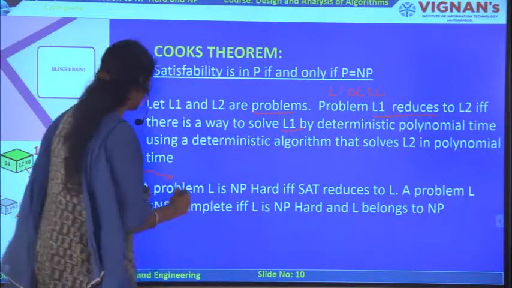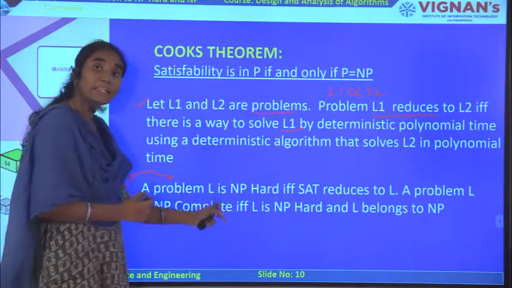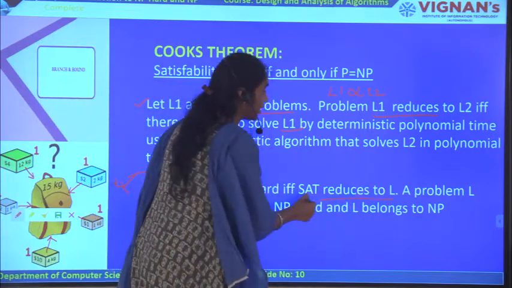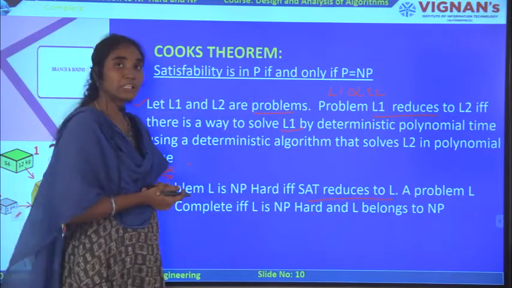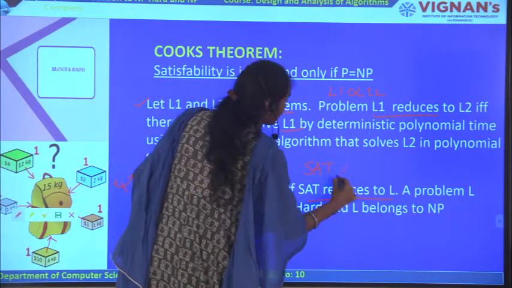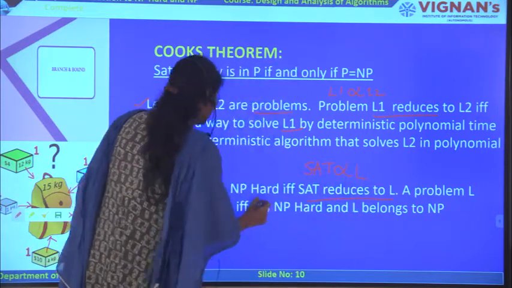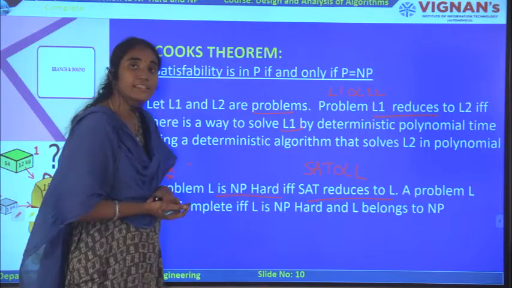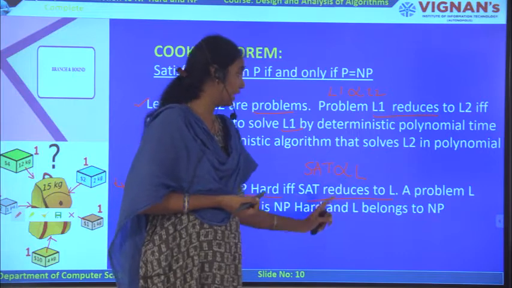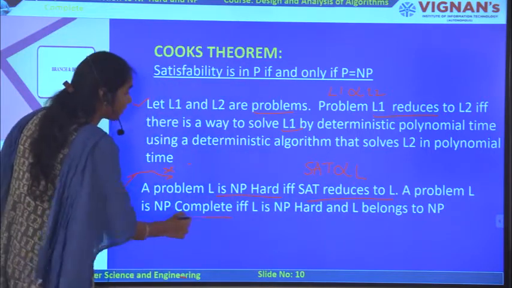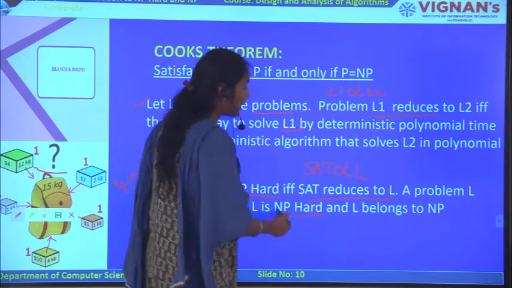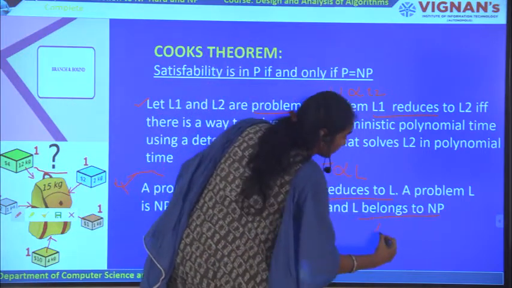Please remember. Now the next one: a problem L is NP hard if and only if SAT reduces to L, that is, satisfiability reduces to L. A problem L is NP complete if and only if L is NP hard and L belongs to NP.